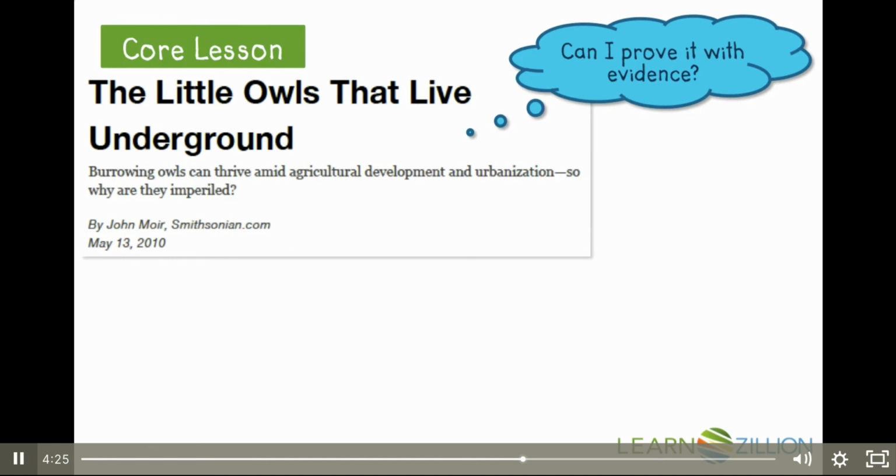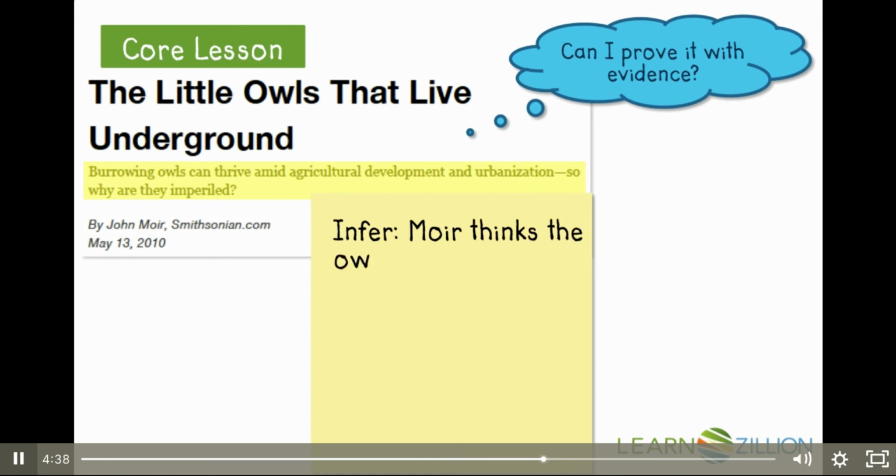I'm going to zoom in here on the title and the blurb. The blurb says, burrowing owls can thrive amid agricultural development and urbanization, so why are they imperiled? I highlighted this because I can make a couple of inferences. 1, I can infer that he thinks the owls are interesting, because he's writing about them and because of how he does it.